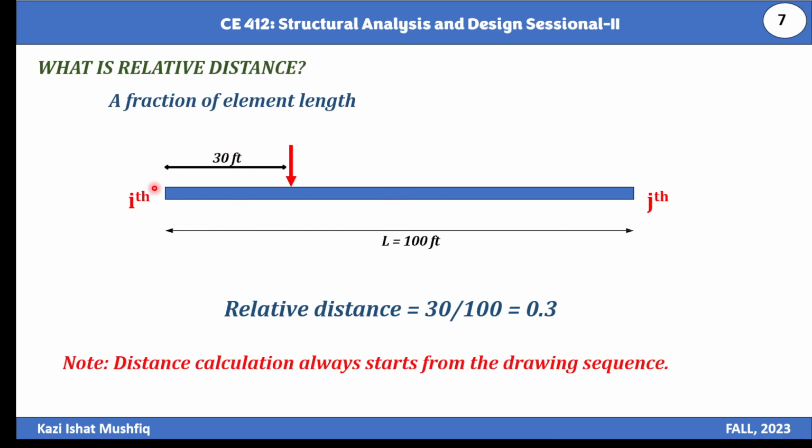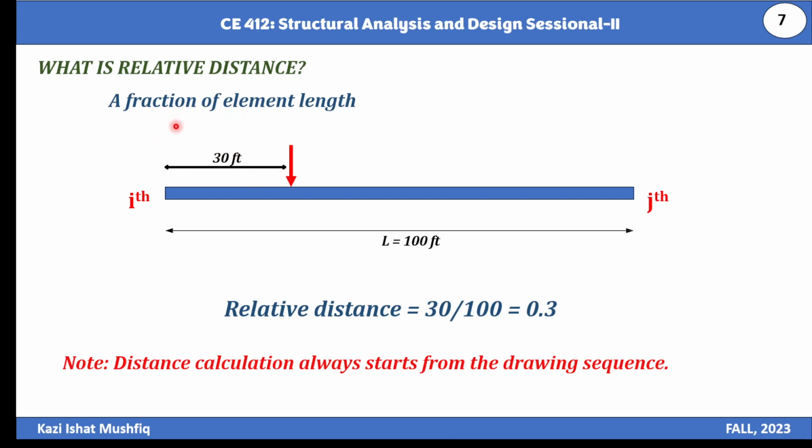The start end is designated as ith end and the end is jth end. So from left to right, i is our starting point and j is our ending point. So from here to here, we have 30 feet distance and a point load acting here.